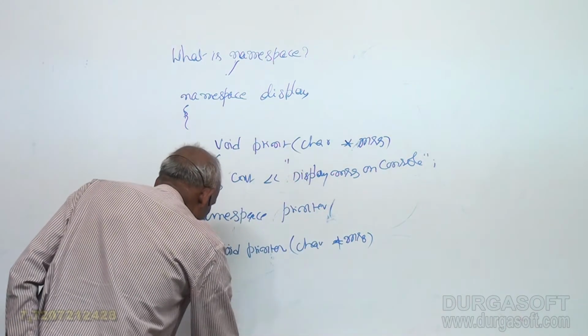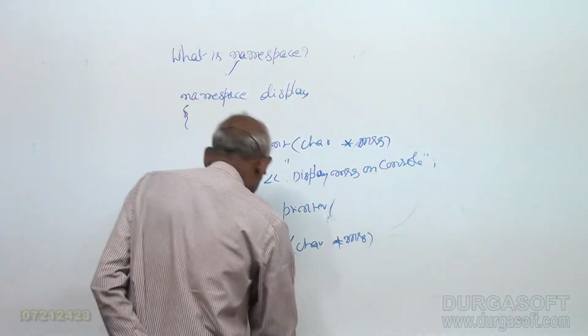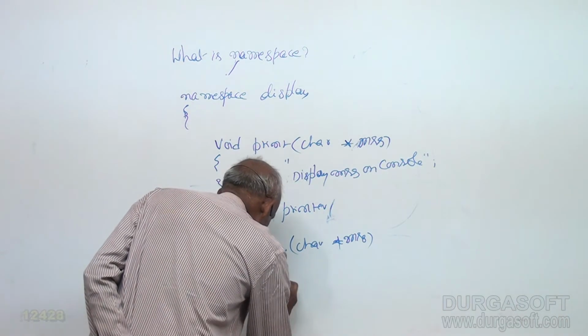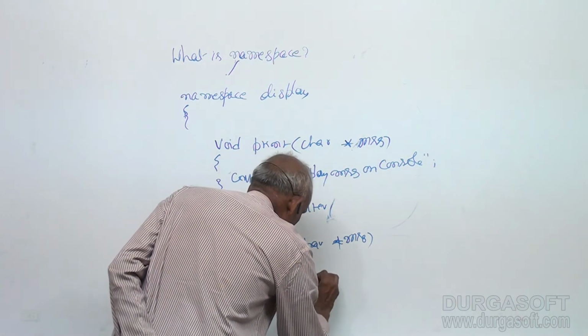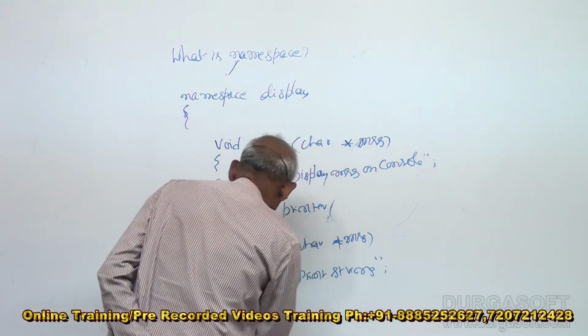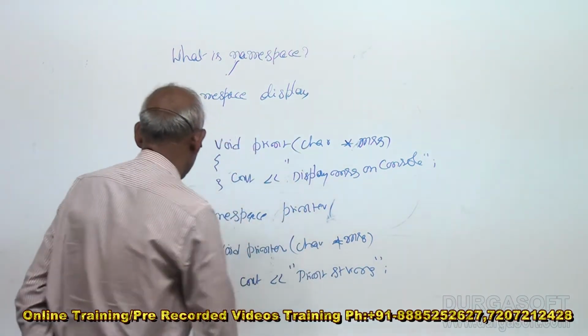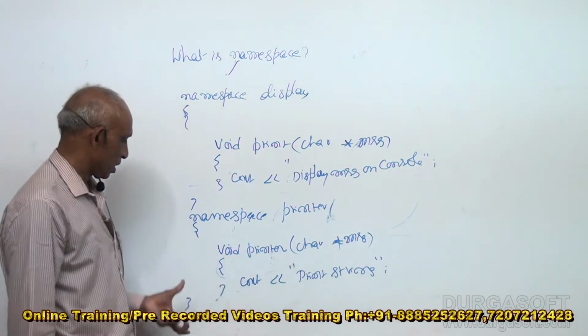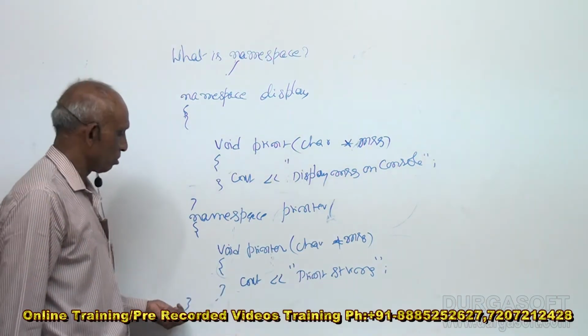What will it do? It will print the string with cout. So this is the function definition, namespace closed with closing bracket.